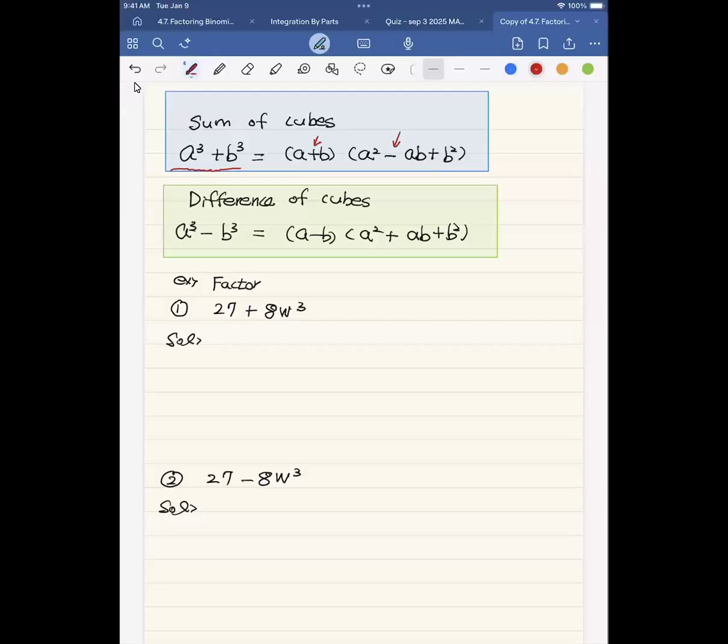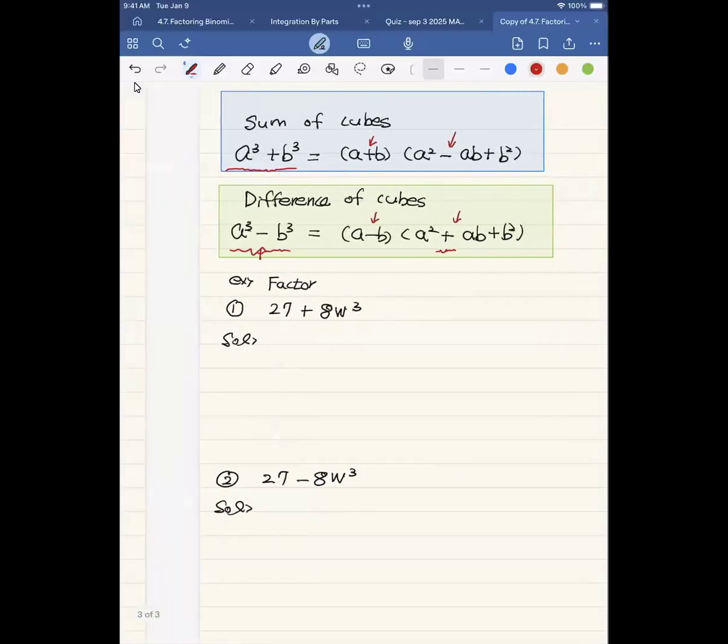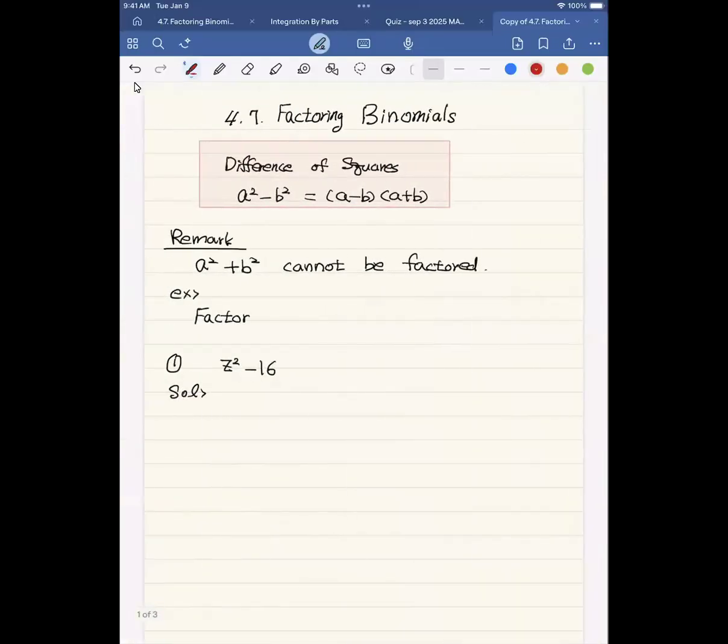If it is a cubed minus b cubed, then it starts with a minus b, and then this part, a squared plus ab plus b squared. This sign is opposite of what's originally appearing here. All three formulas are fundamental formulas you have to remember.